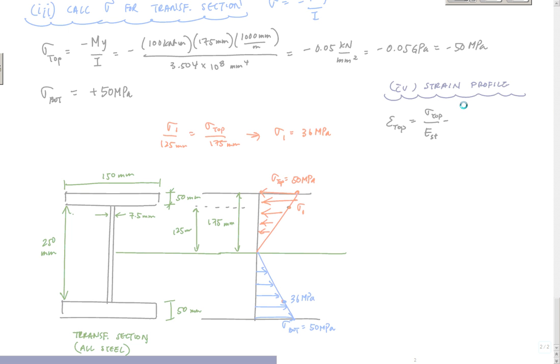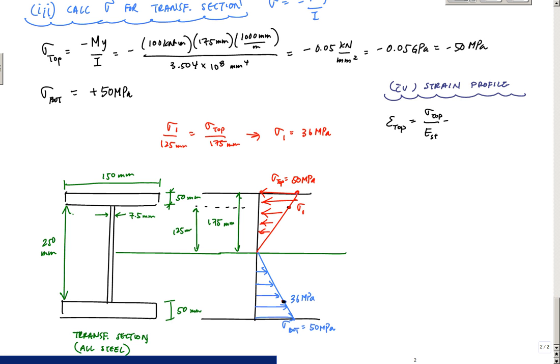So that would be equal to negative 50 MPa divided by 200 GPa, which is just 0.05 GPa.